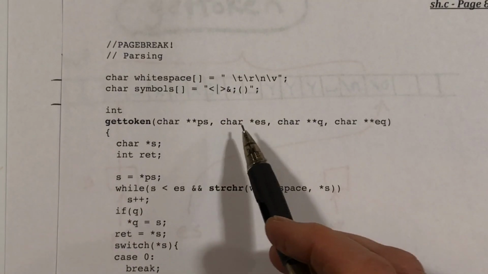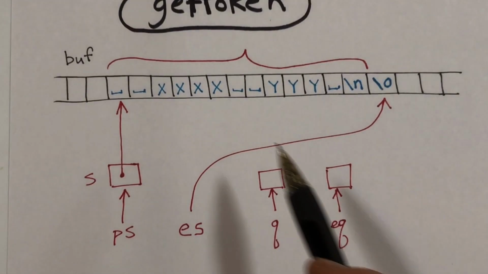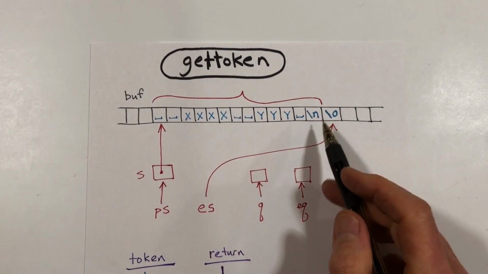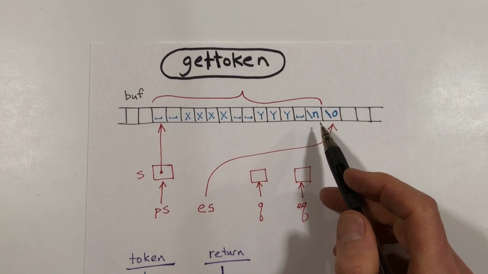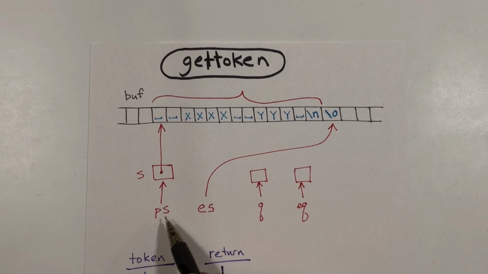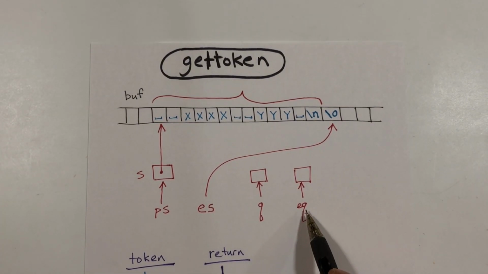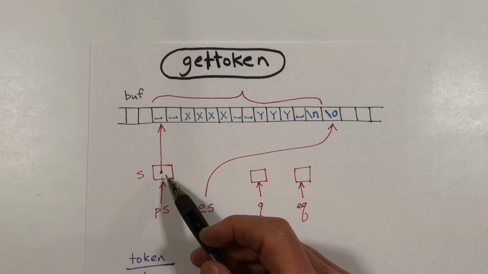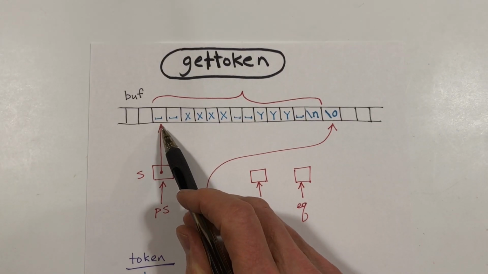So what's going on here? GetToken is going to scan the buffer characters and find the next token. The arguments are PS, ES, Q, and EQ. PS is a pointer to a variable which presumably is already set to point to where to begin the scan in the buffer.